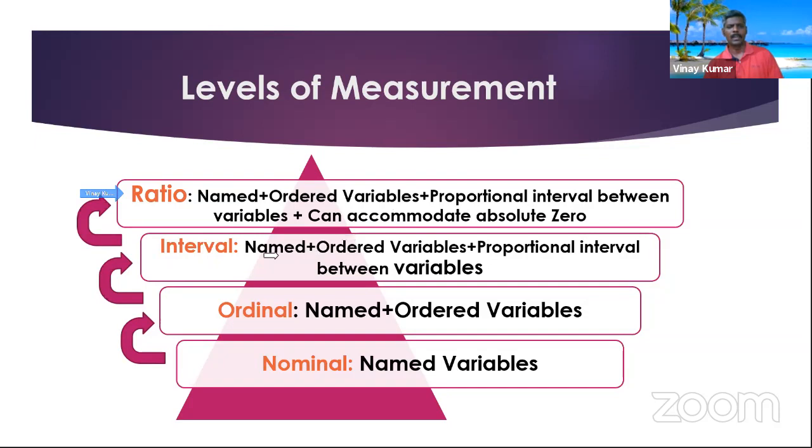So it depends upon the objective of the researcher also, to what level he wants to measure. Let us try to understand these different levels of measurement with an example.